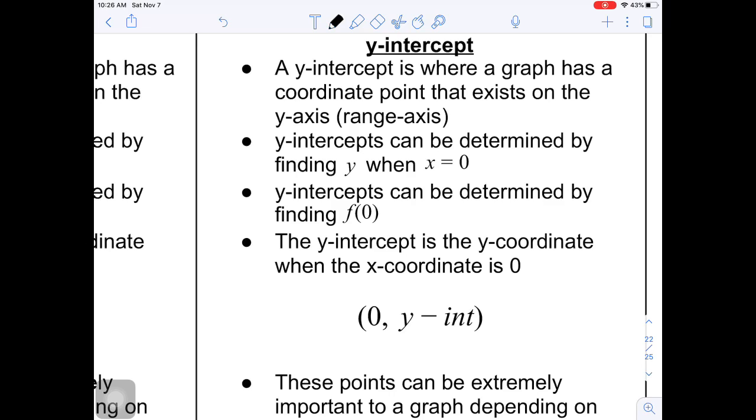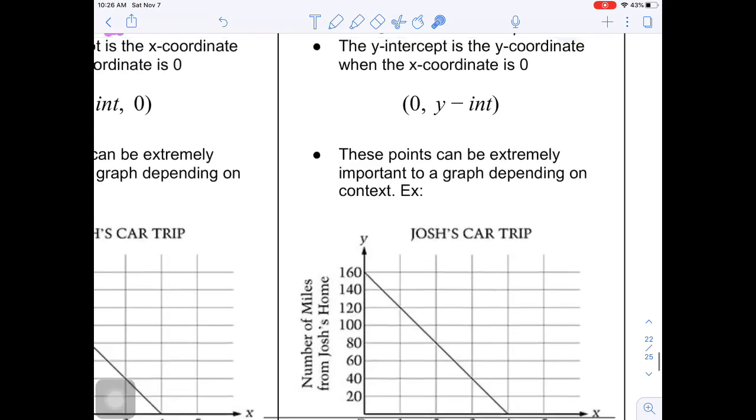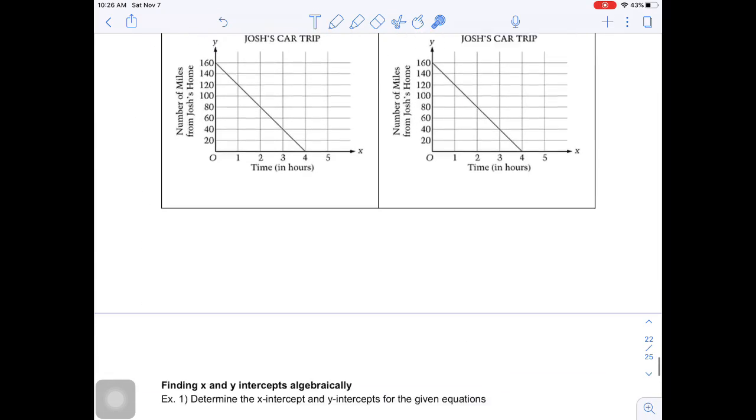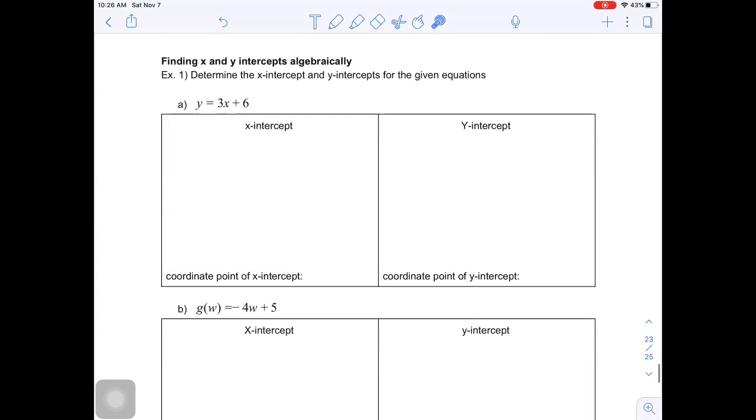Because remember, y and f of x are interchangeable, and here we have replaced x with 0. So this statement is the same as this statement, just using function notation. This would be your y-intercept here. We've gone through this table before. So let's practice finding x and y intercepts algebraically.